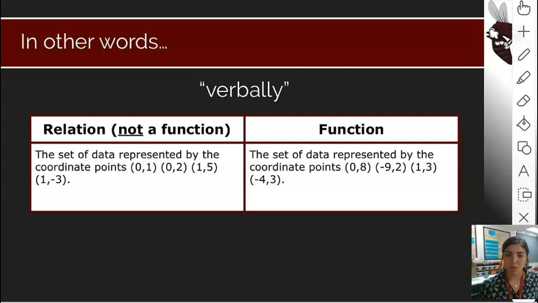That is not a one-to-one relationship. On the other hand, an example of a function represented verbally is the set of data represented by the coordinate points (0, 8), (-9, 2), (1, 3), and (-4, 3). Notice none of these x values, the first number in a coordinate pair, were the inputs repeated. This is considered a function. This is considered not a function.